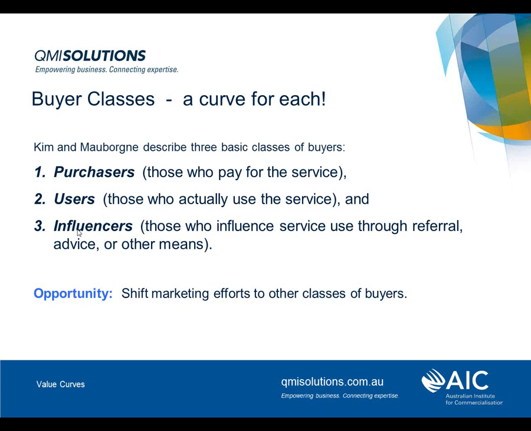And there are also influencers, those who influence the decision, who may not be users and may not be purchasers. So have a look at the different needs and aspirations of each of these classes of buyers in each of your target segments as well. That might give you some insights into how to create a new value curve.